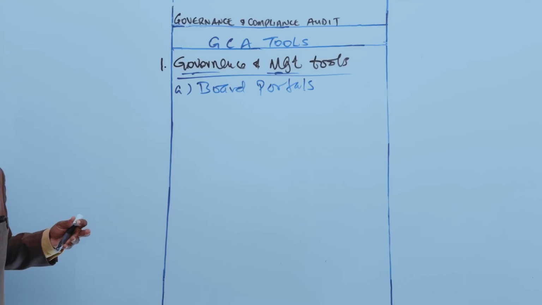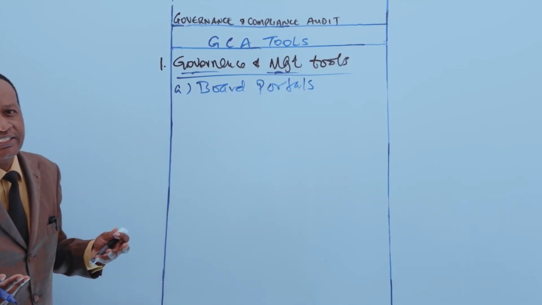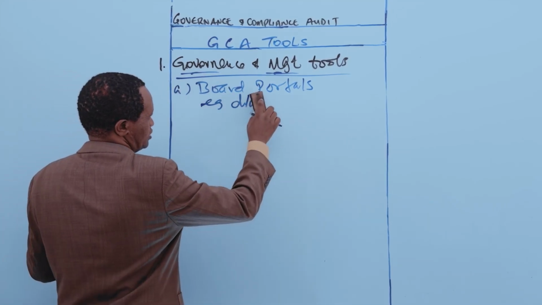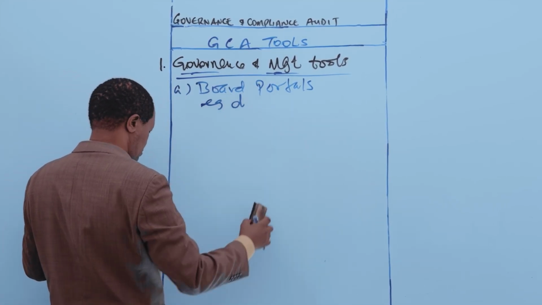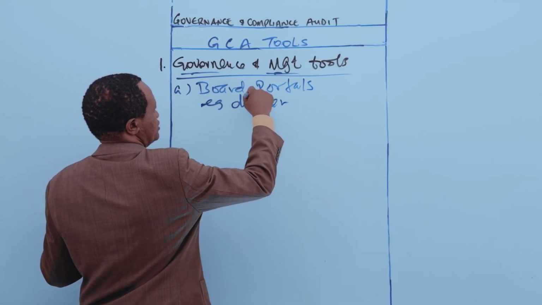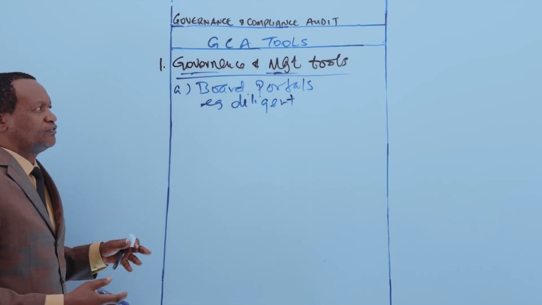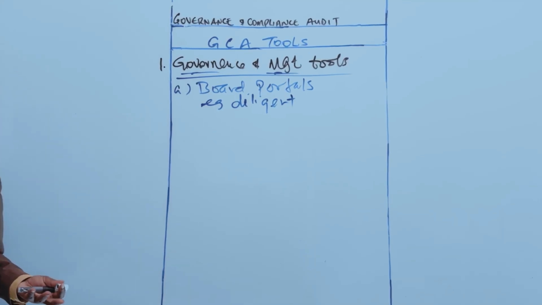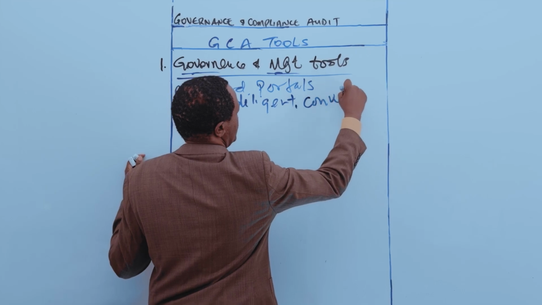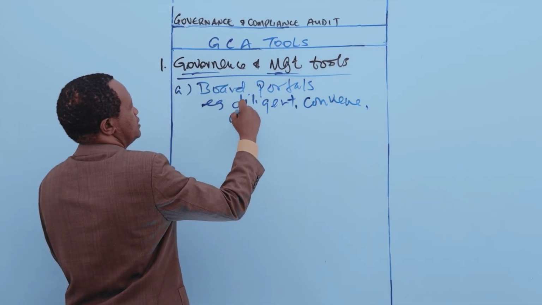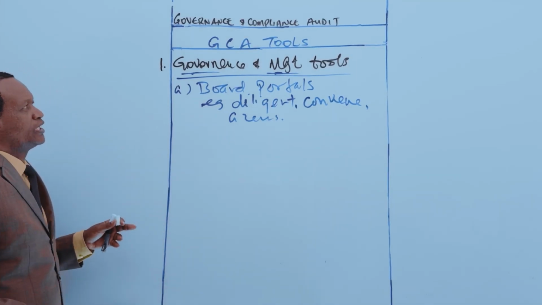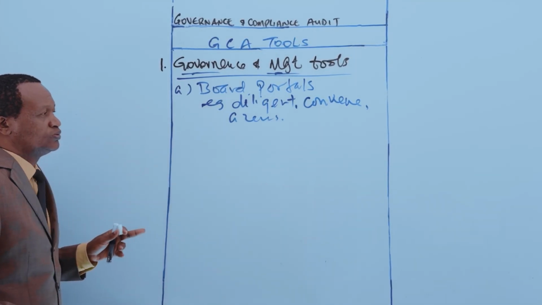A good example is a portal known as Diligent. This is an example of a board portal, Diligent. There are quite many. We have others like Azeus, Convene, and so on. A board portal is a governance and management tool.